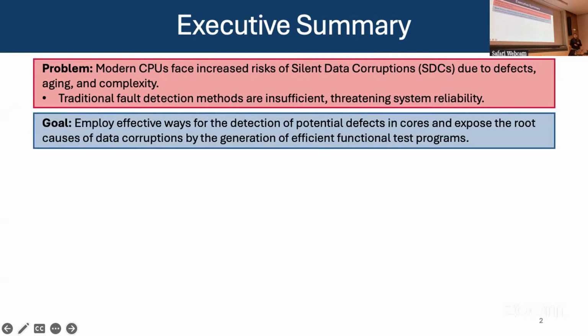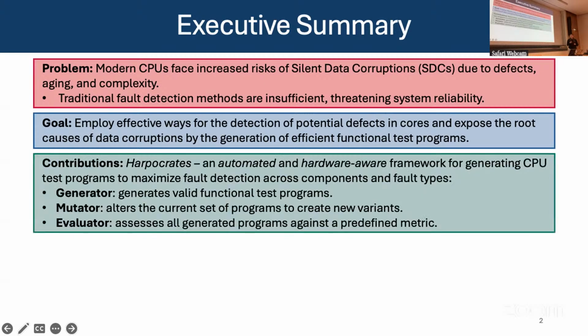The goal here is to employ effective ways for the detection of potential CPU faults through the generation of efficient functional test programs. The contribution of the paper is Harpocrates, an automated, hardware-in-the-loop framework for generating CPU test programs to maximize fault detection across components and fault types.